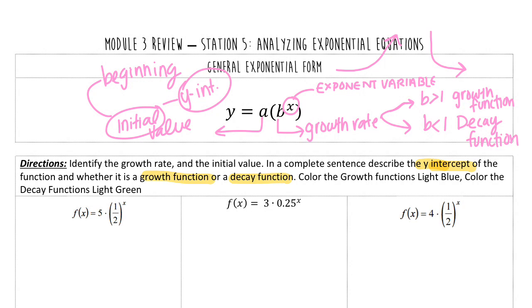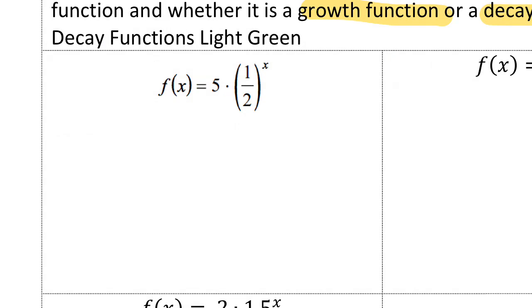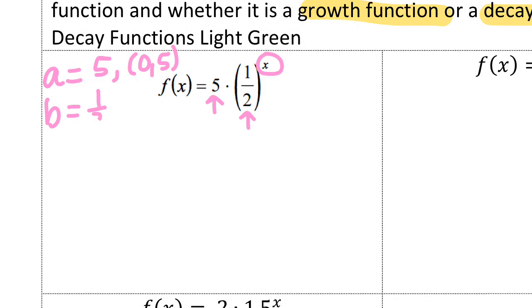So if I look at this first one, the first thing I want to do is identify the initial value and the b value. So I'm going to write a equals and b equals. I can see a is here and b is the number that's to the power of x. That's how you know what b is. So here I know a is 5, which means my intercept is (0, 5). And here I know b is 1/2.